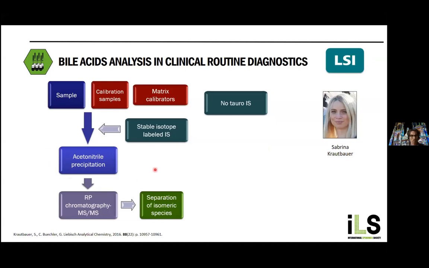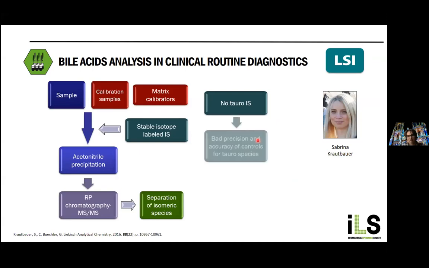The method is just a simple acetonitrile precipitation, but we have stable isotope labeled internal standards for all analytes except the Tauro conjugates. The protein precipitated samples were subjected to reverse phase chromatography to separate the isomeric species.